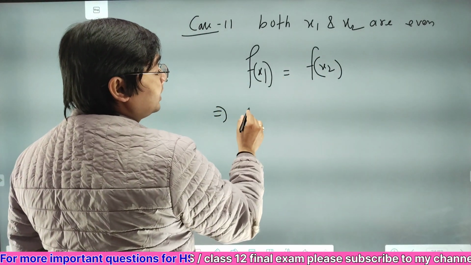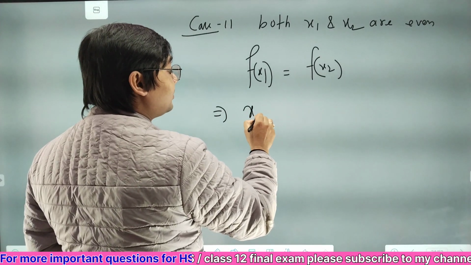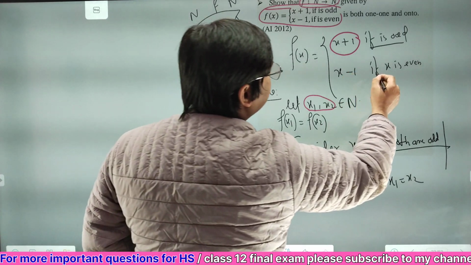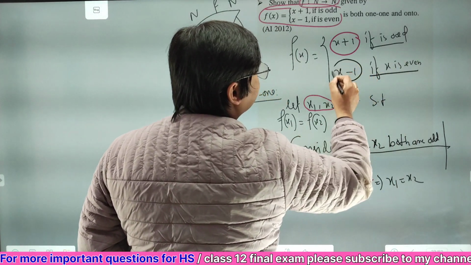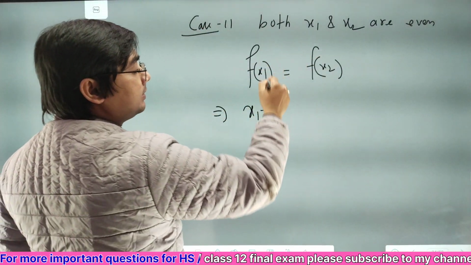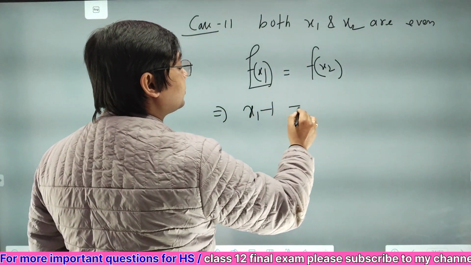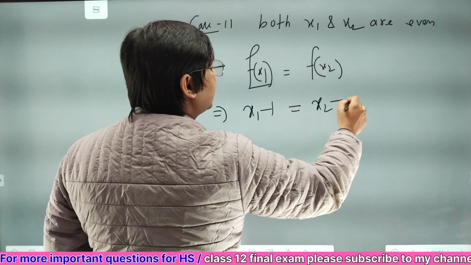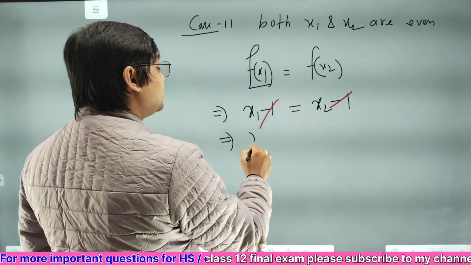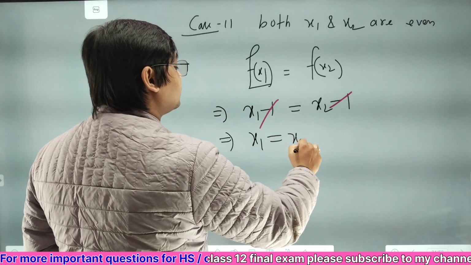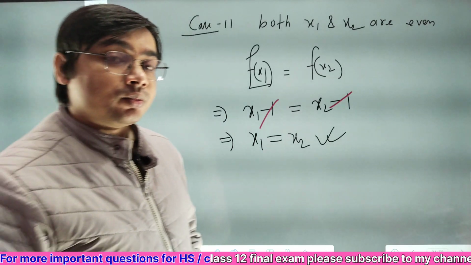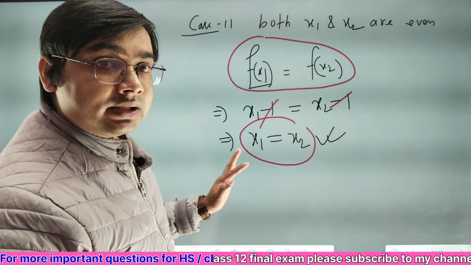What will be f of x1? This will be x1 minus 1, because according to our definition, if x is even, then the function gives x minus 1. So f of x1 will be x1 minus 1 and f of x2 will be x2 minus 1, and here this minus 1 will be cancelled, so we get x1 equals x2. That means if x1 and x2 both are even, the function is one-to-one.